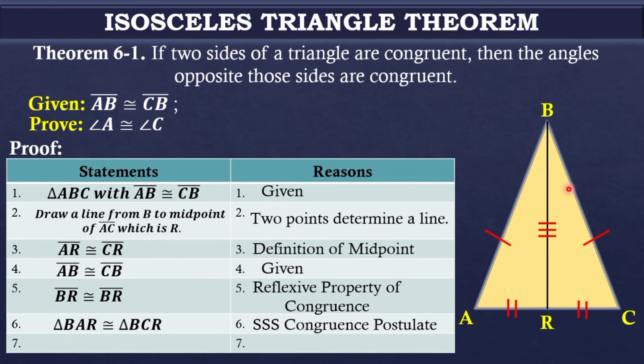So, ibig sabihin, angle A is congruent to angle C and that is by CPCTC. Okay? So, corresponding parts of congruent triangles are congruent. So, na-prove natin na kapag given yung dalawang sides na congruent, then the angles opposite them are also congruent.